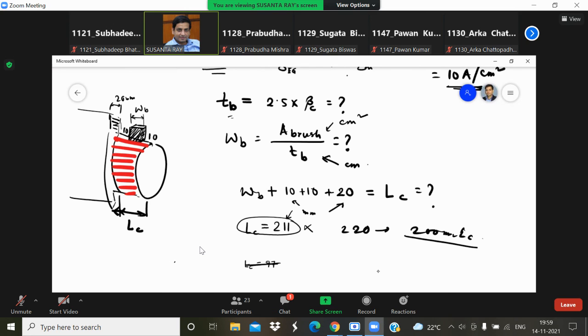Once we have the weight of that particular part of the machine, then you have to multiply by some value that is called the specific iron loss per weight, how much loss for that particular material. So in this way you can calculate the iron loss. Got it?